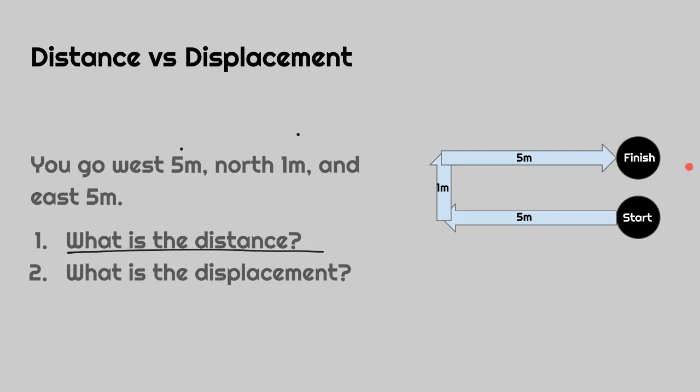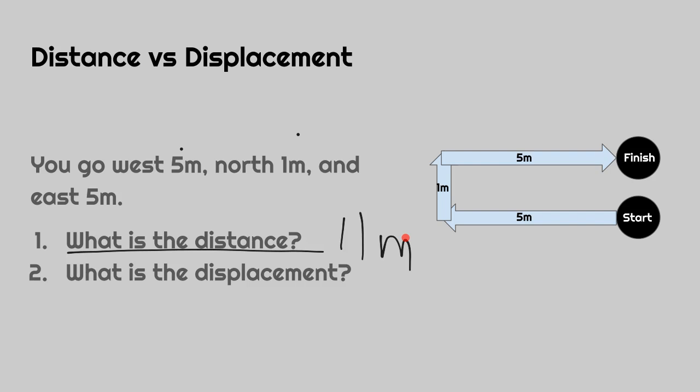And we use the unit m for meters because that's what we're talking about. If we just said 11, what does that mean? It doesn't tell us how far that is. It just tells us a number.